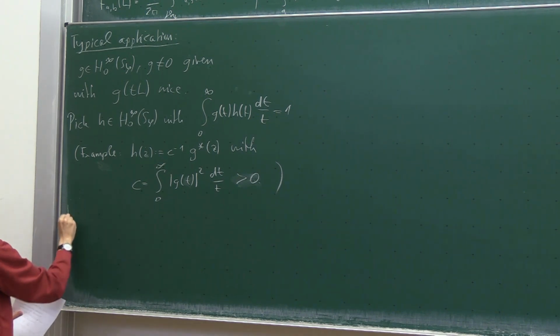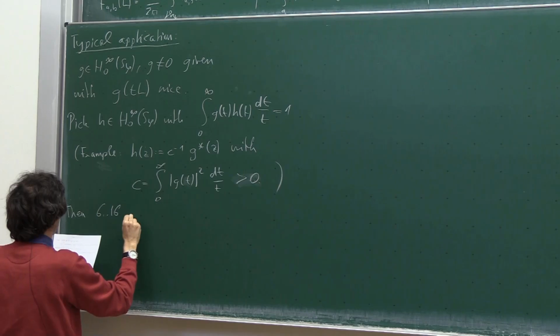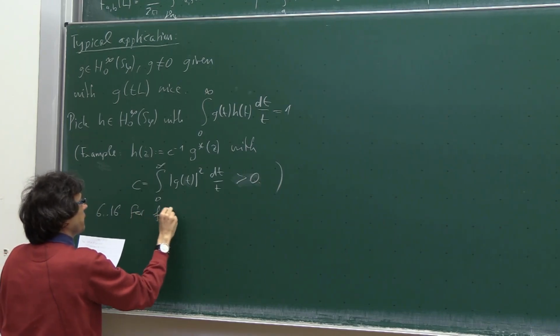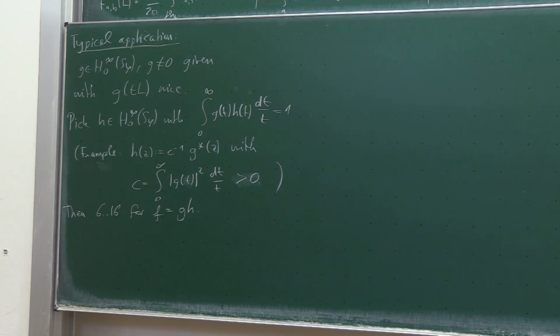So once you have this function h, you apply 616, the Calderon reproducing formula, for the function f being g times h, because this has the right normalization features.